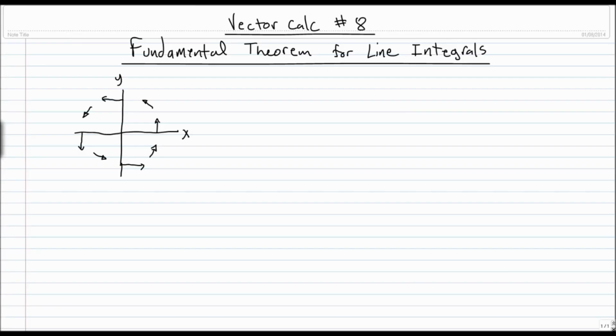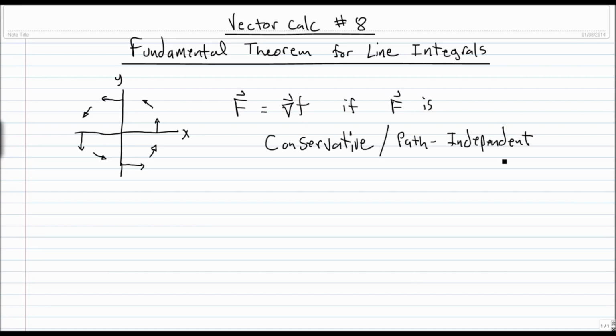Another way to think about it, I can make this claim. A vector field big F is the gradient of some other function little f if the vector field big F is conservative or path independent.